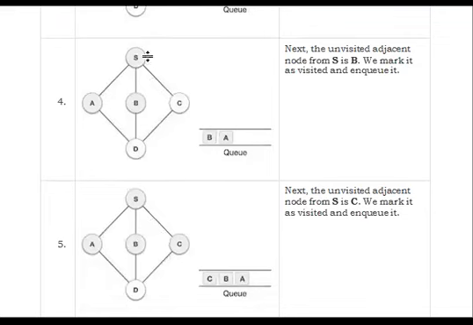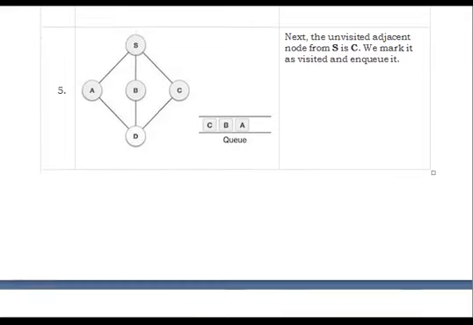In the next step, from S we visit B. B will be visited and enqueued into the queue, and another one is C. C is also visited and enqueued into the queue. So from S, the closest adjacent nodes A, B, and C are inserted one by one into the queue.